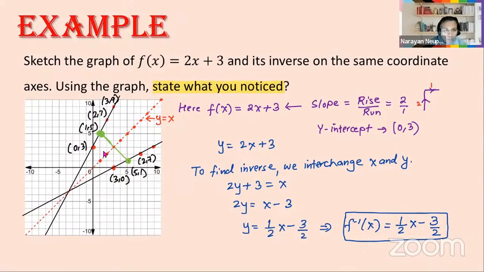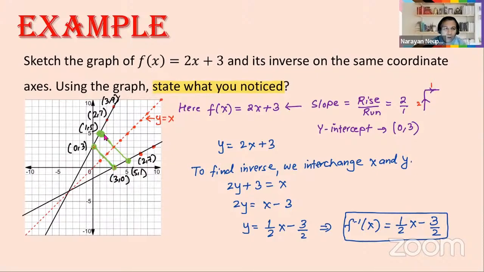So when you take a point on the original function and reflect it about the line y equal to x, you get the point on the graph of the inverse function. Same thing here, this one 0, 3. If we reflect about the line, you get the new point, which is 3, 0.